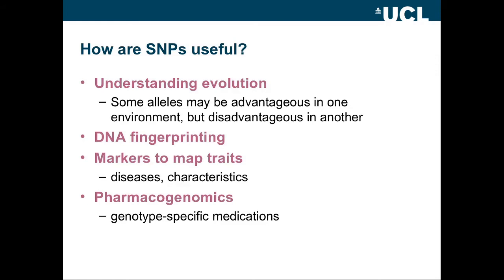They're also useful in DNA fingerprinting, and of course, in areas like forensics, where we can use DNA fingerprints to identify people being present at a crime scene. They can be used as markers to map particular traits, such as diseases and characteristics, and they can be applied in pharmacogenomics for genotype-specific medications.